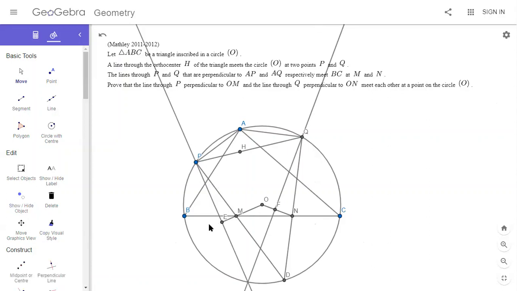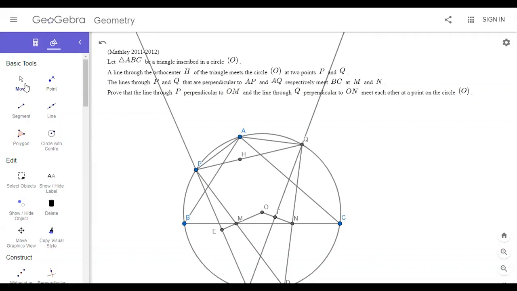So I want to show those two things, PE and QF, intersect on the circle. I mean, that's really the same as saying that the angle between PE and QF is equal to angle PAQ. Suffices to show that MNOD is cyclic.